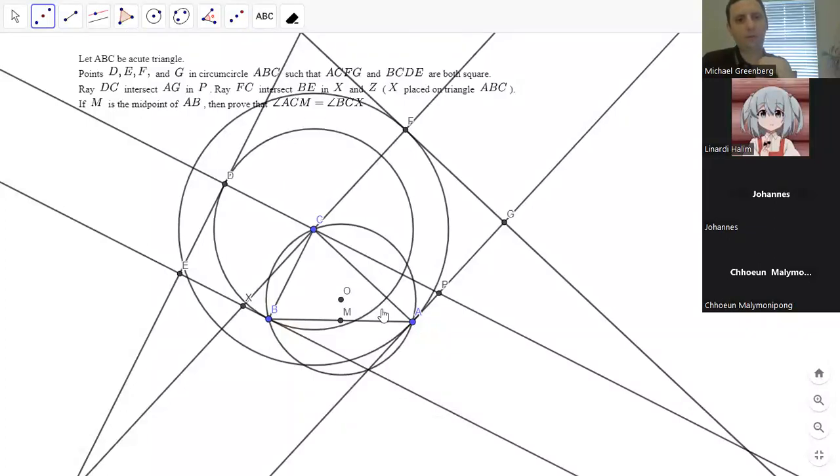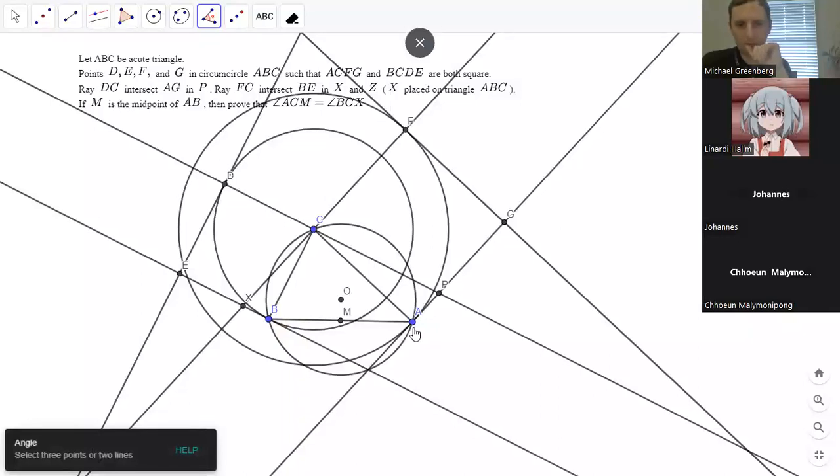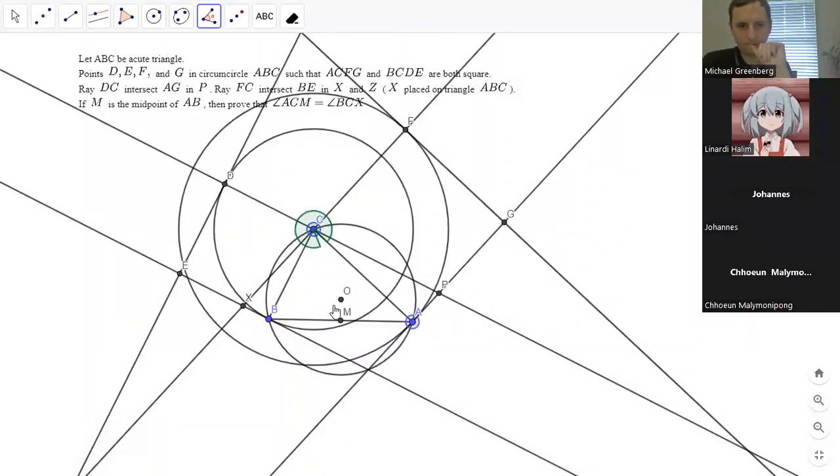So then you don't even need this square. In my sketch it looks like rather PCA is ACX, which might be what they meant. But that is both just 90 degrees minus ACB. So that's not really.